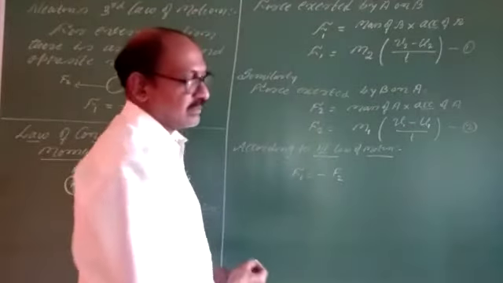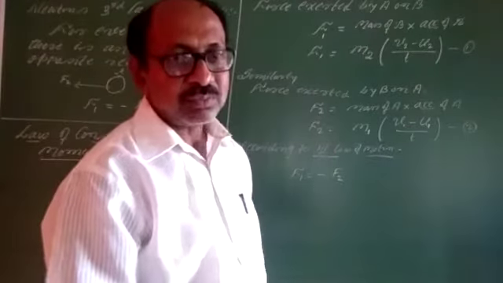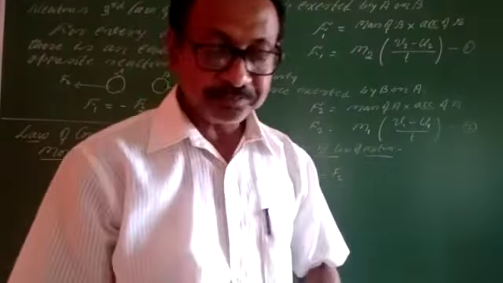So we can take M2 into V2 minus U2 divided by t equal to minus of F2, that is M1 into V1 minus U1 divided by t. Simplify this particular thing.